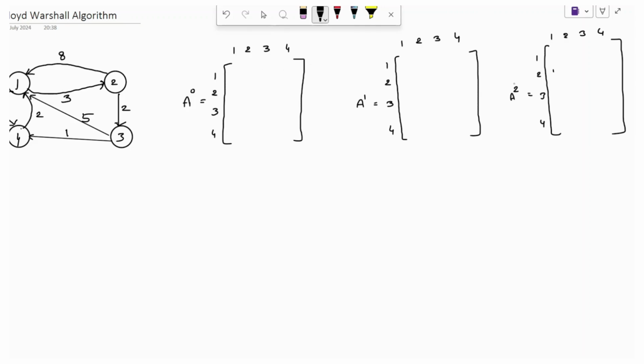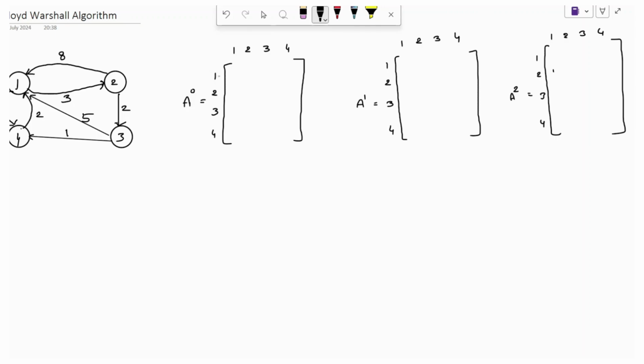In subsequent adjacency matrices, I am going to use that approach. But for now, in the initial adjacency matrix, I am going to represent only the direct path between two vertices. If there is a direct path, I am going to write the corresponding weight of that path. Otherwise, I am going to indicate it as infinity.